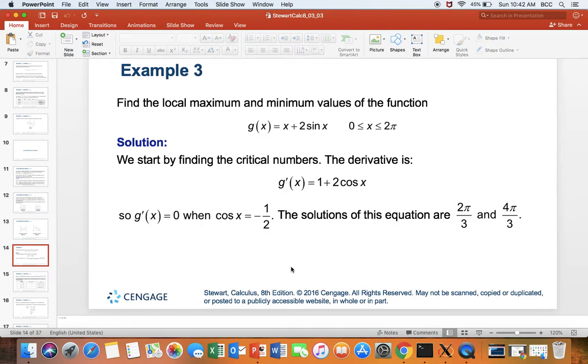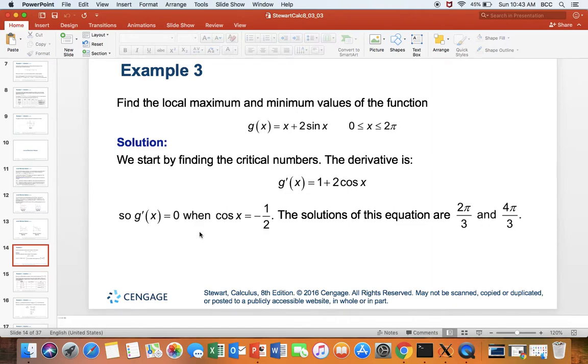Well, you look at your unit circle if you like, and you will find out between 0 and 2 pi, which is an entire circle, cosine x negative half means you are on the left, second quadrant and third quadrant. So you have 2 pi over 3 above, 4 pi over 3 below.